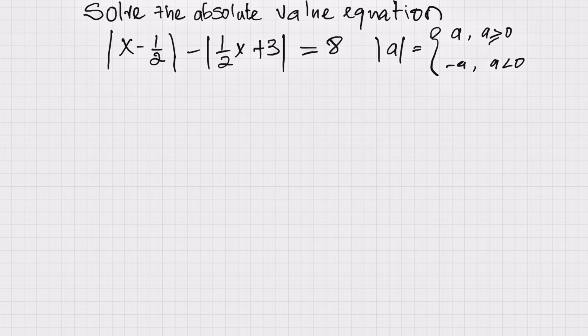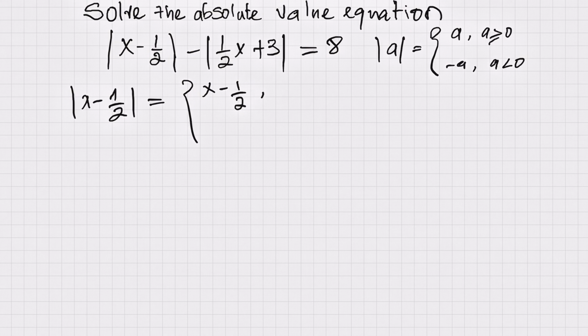Let's look at what is happening here. So the absolute value of x minus a half is going to be positive, which is this, if what?